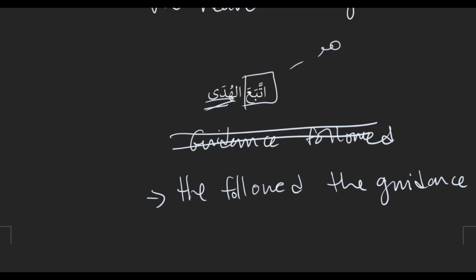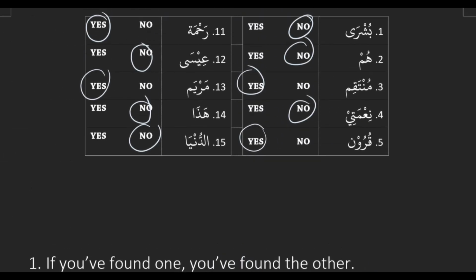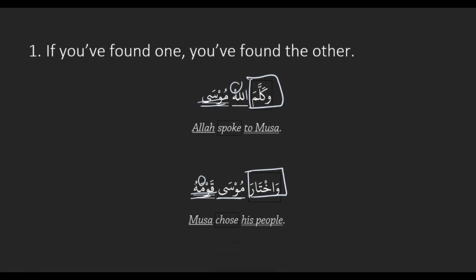So, quick recap. What were our 4 types of labelless words? Pronouns, pointers, words that end in alif, and words that have an attached pronoun ya. And how do we find out what role a labelless word is playing? If we found one, we found the other.